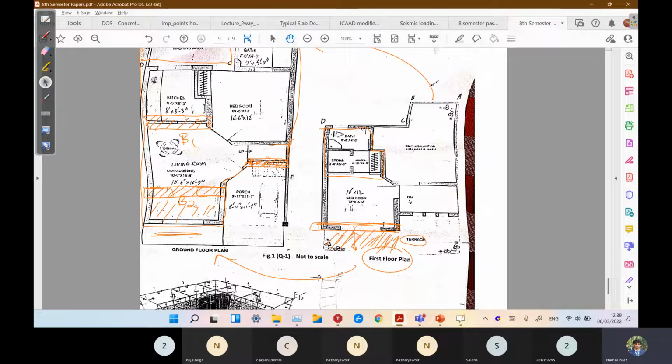This terrace cannot come here because this is an open space. Of course, this terrace would be lying somewhere on the slab of the ground floor. So we can know that these two walls would lie somewhere in between the living room. So a second beam would be required here, this B2 beam.